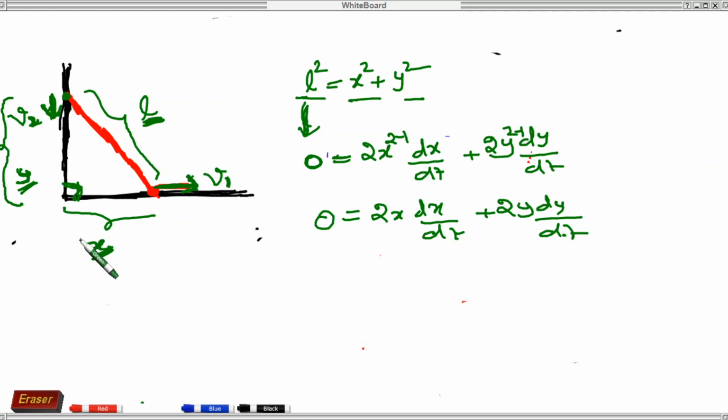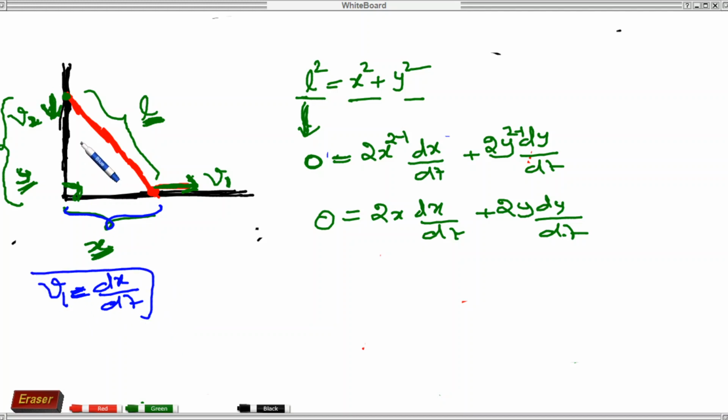Now you can see x is increasing, so we can write v1 is equal to dx over dt. Here y is decreasing, so dy over dt is equal to minus v2.